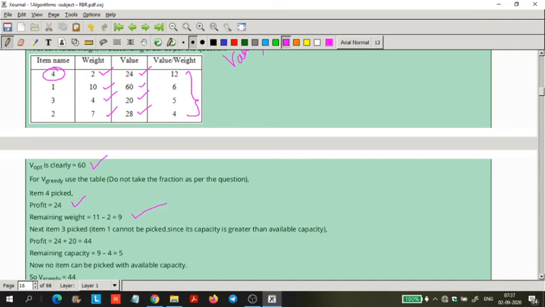And next, item 3 is picked. Item 1 cannot be picked since its weight is greater than the available capacity.